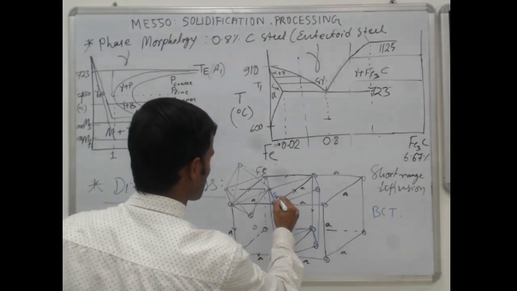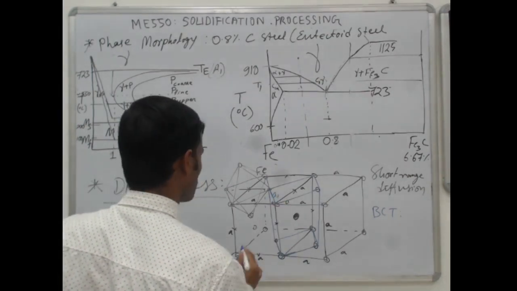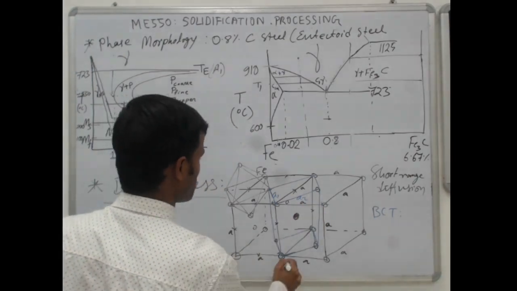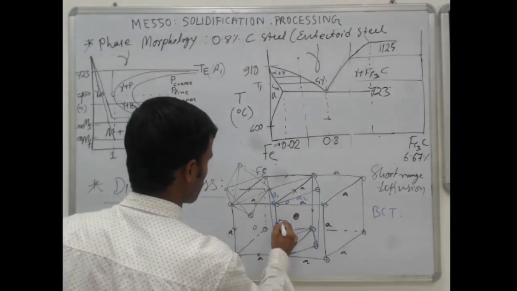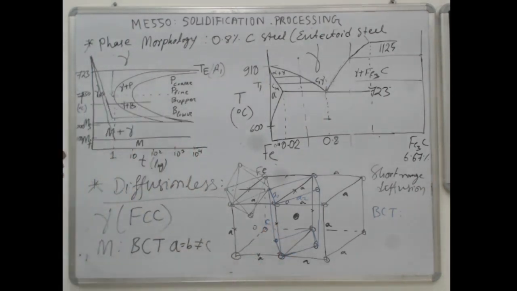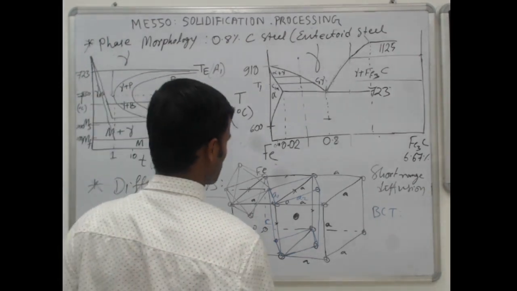This is one parameter, say A1, this is another parameter, say A2, and this is C. So A1, A2 and C are the different lattice parameters.